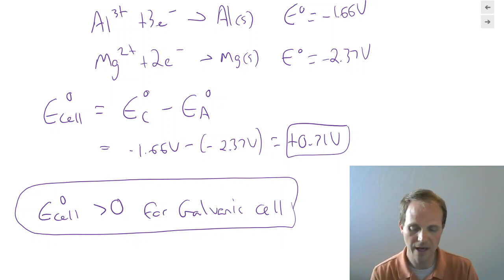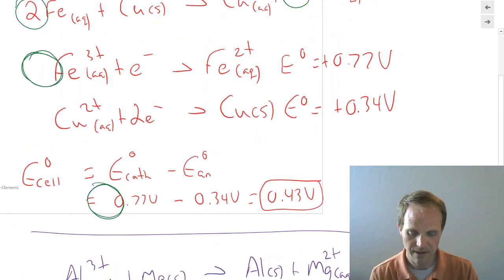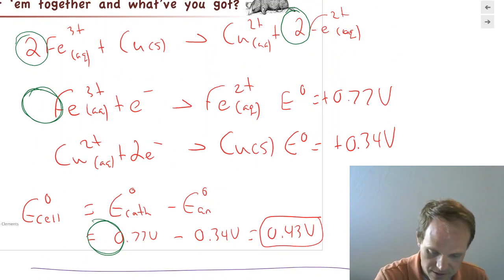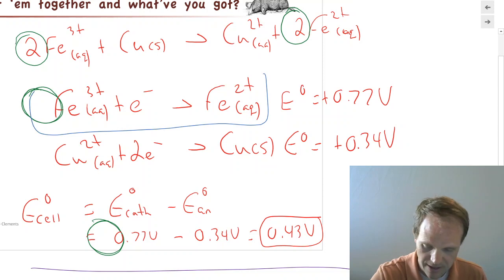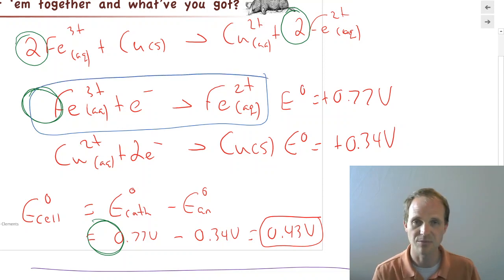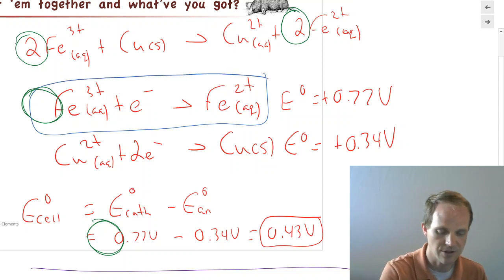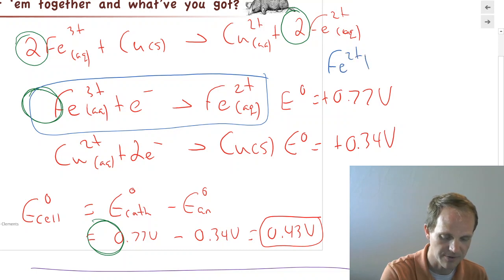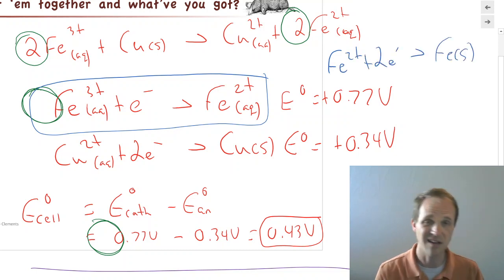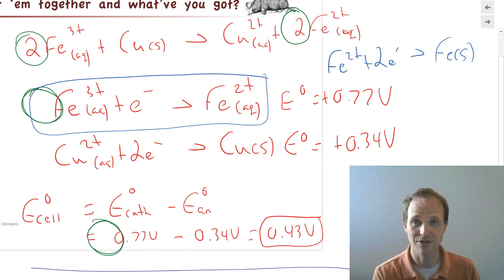I want to mention one more thing. Way back up here, we had this one where we took Fe3+ goes to Fe2+. Well, it turns out you can actually go and look in the tables, and there's also one for Fe2+ goes to Fe solid. And it has a different cell potential than that 0.77 volts. I don't know what it is off the top of my head. So how do we know which one to use?